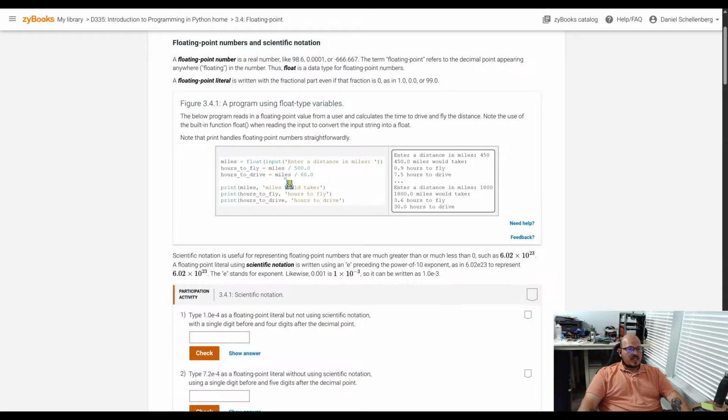Hours to drive is assigned miles divided by 60. Then it prints out the math for these and says miles would take. All three prints print out these variables and the values they hold. Here it shows an example of entering 1800 and the results of that.